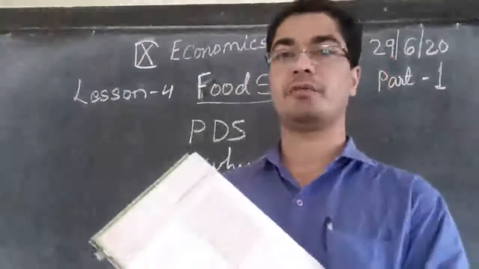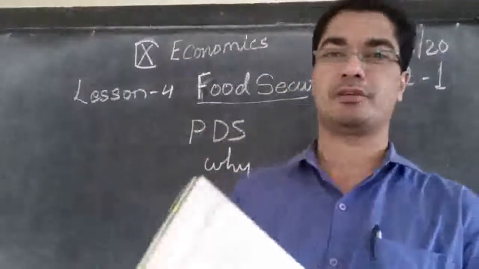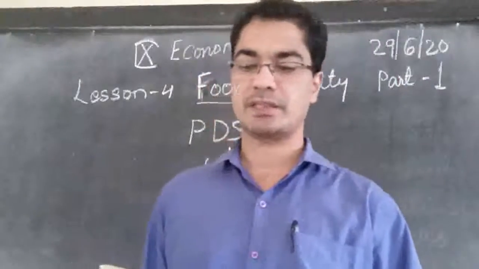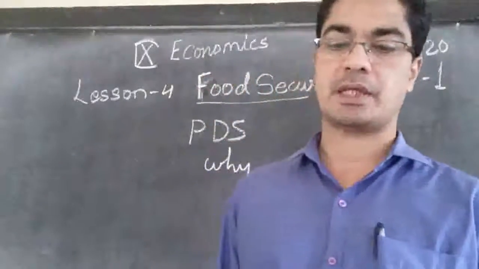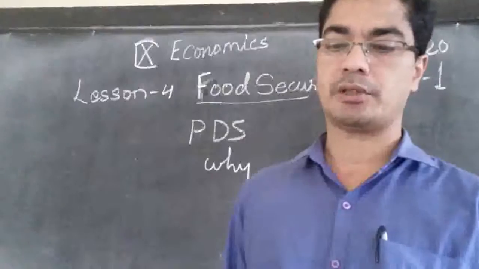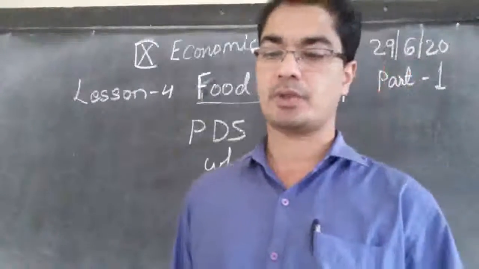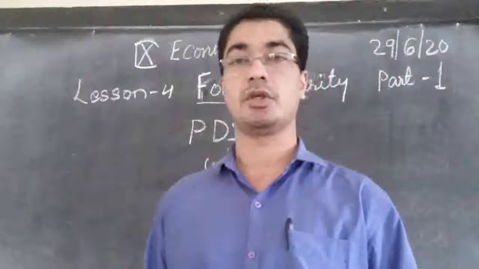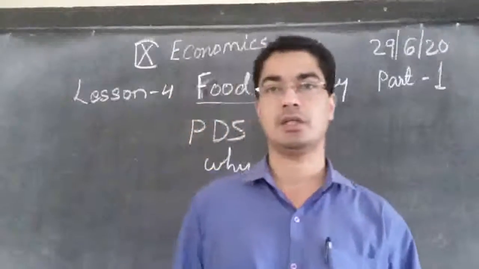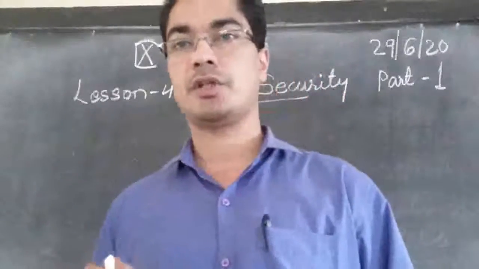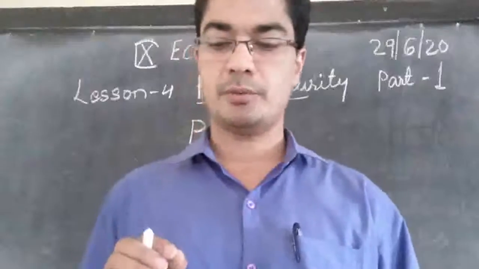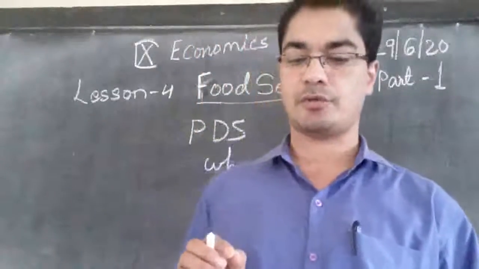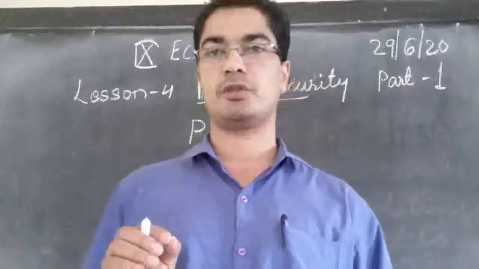Let's see, a column is given there. What is given there? In the 1970s, food security was understood as availability at all times of adequate supply of basic foodstuffs. So in the 1970s, the understanding of food security meant availability at all times of an adequate supply of basic foodstuffs.